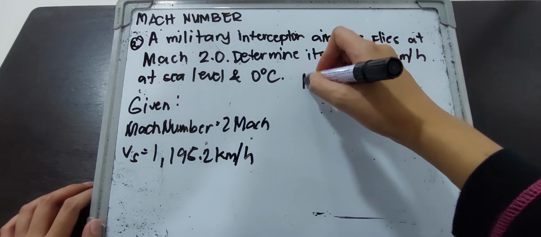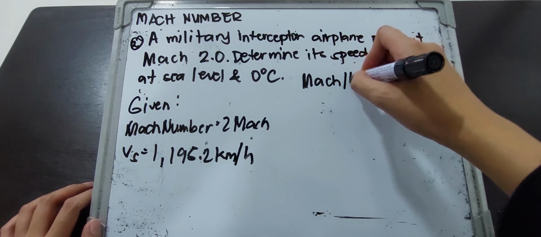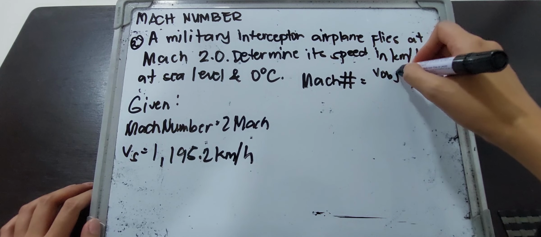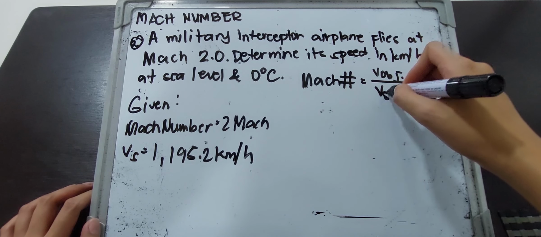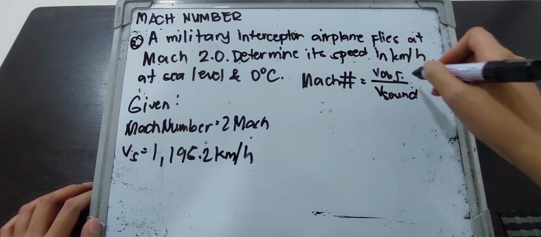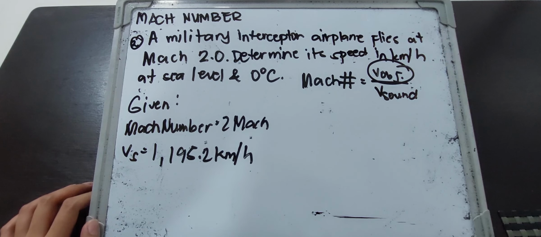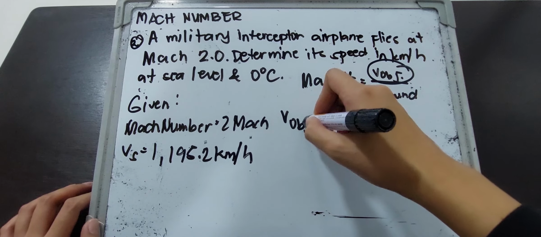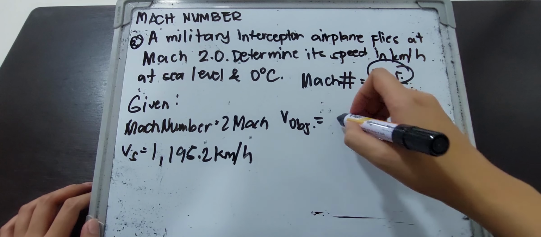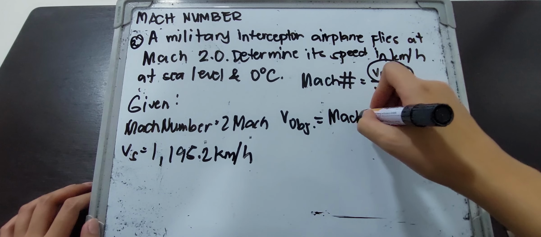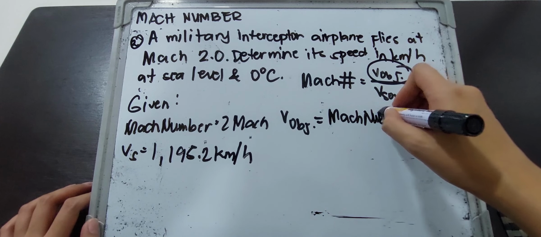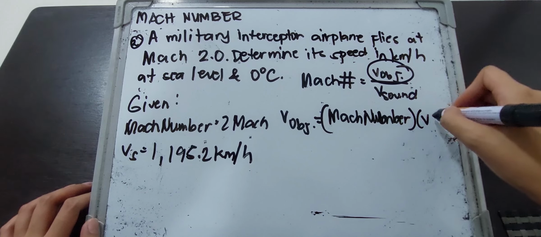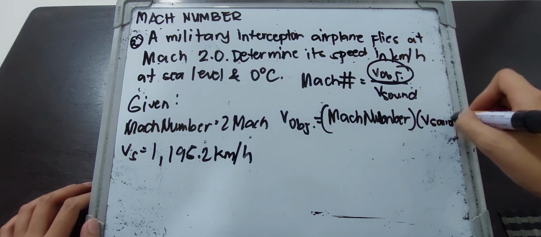So from our formula, paiksiin ko na lang para kasya, Mach number is equals to speed of the object divided by speed of the sound. We are going to find the speed of the object. So, we will have to use the formula Mach number times the speed of sound.